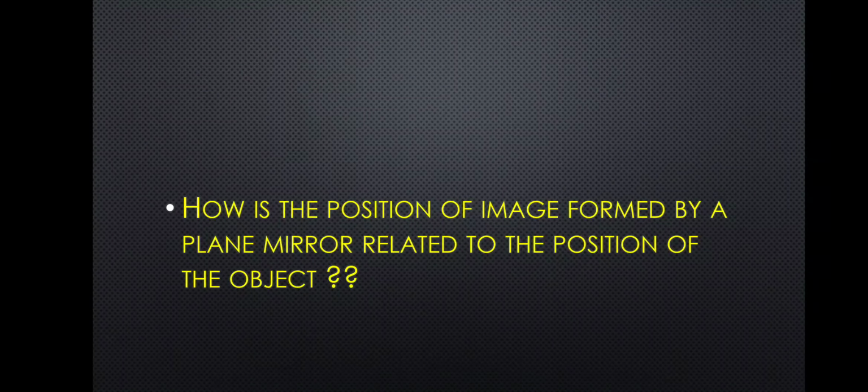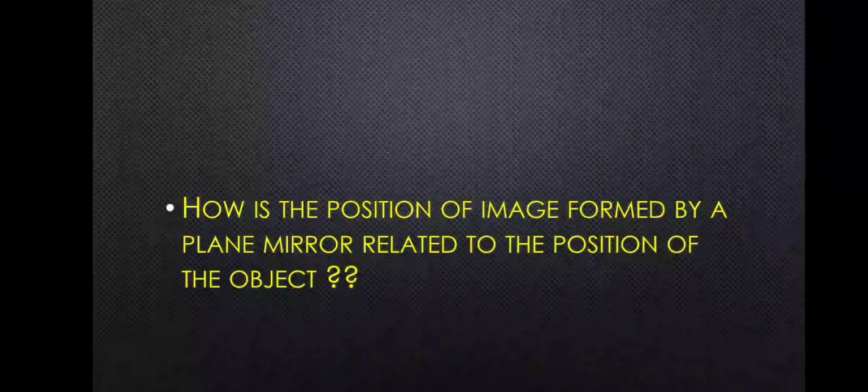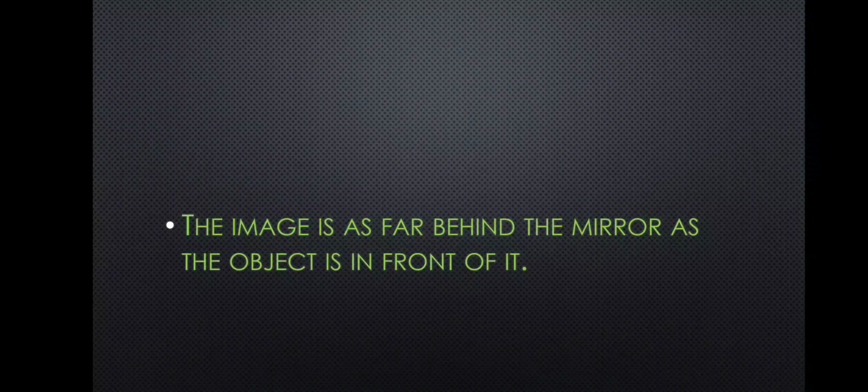Next, how is the position of the image formed by a plane mirror related to the position of the object? Very simple: the image is as far behind the mirror as the object is in front of it. Okay.